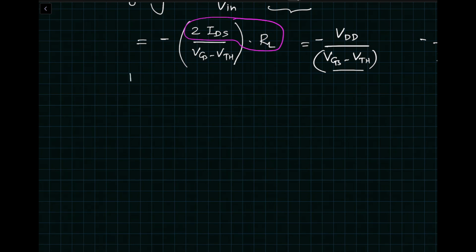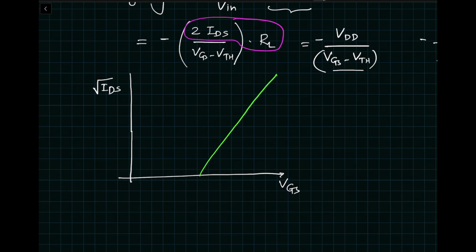If you remember, in previous classes, we had plotted square root of IDS on the y-axis versus VGS on the x-axis. Since it's the square root of IDS, it should be a linear curve and it would look something like this, and this would be your VTH.